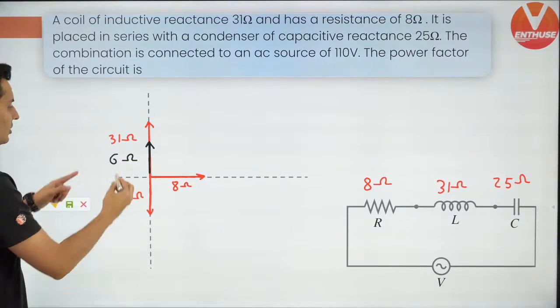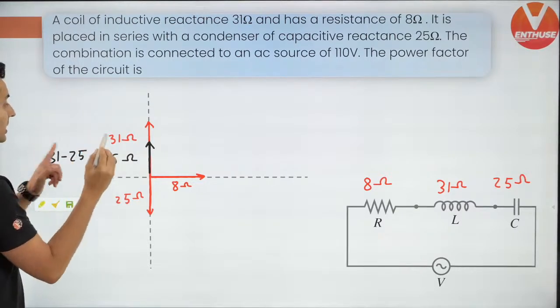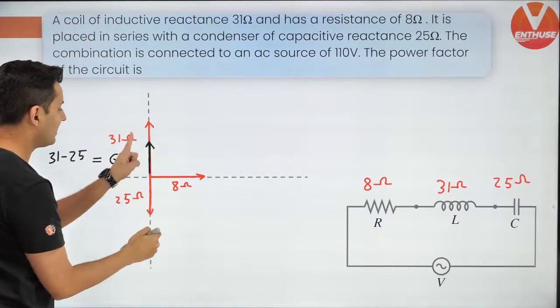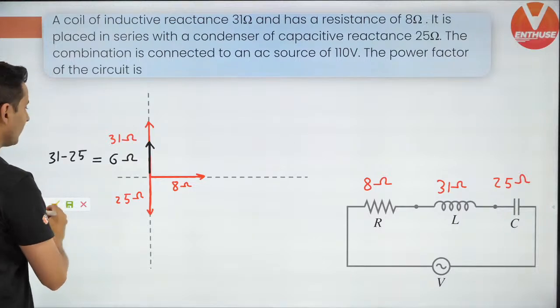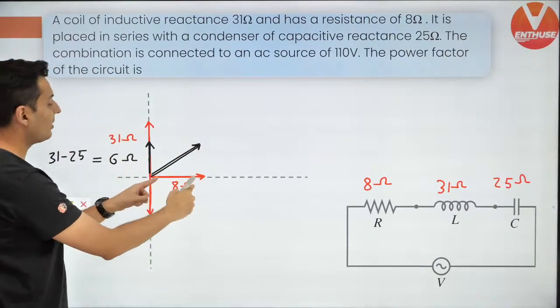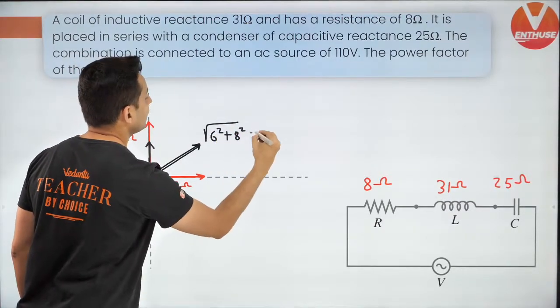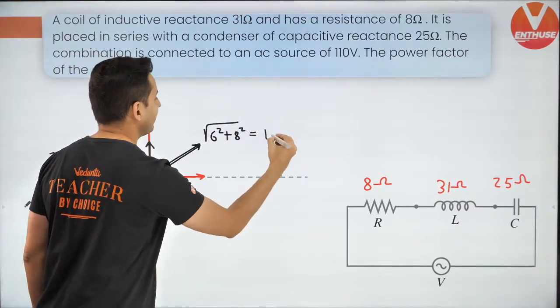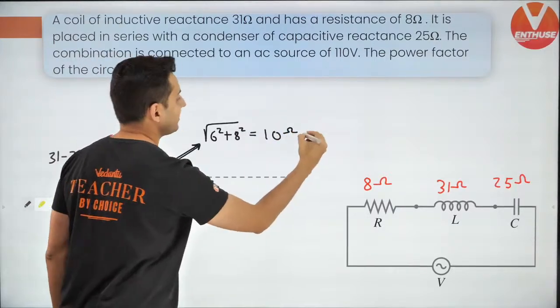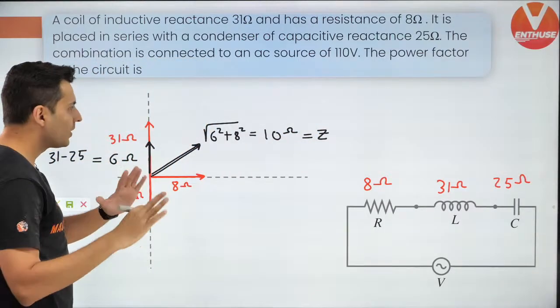Is that not right? So 6 is nothing but 31 minus 25. Now, just worry about this 6 and this 8. What will you get? You will get the resultant here. 6 square plus 8 square is how much? 100. Root of that is 10 ohms. And what is this 10 ohms? Impedance, Z.